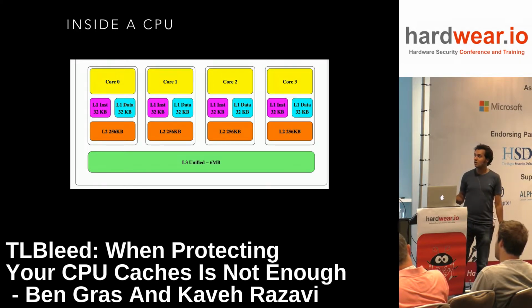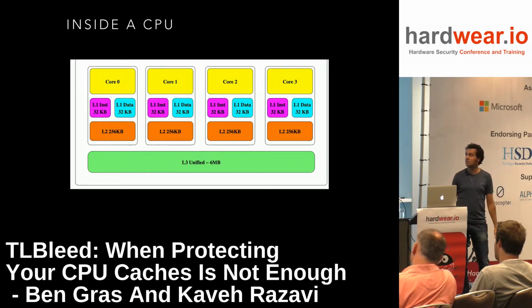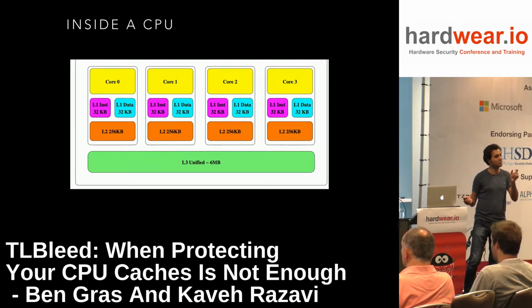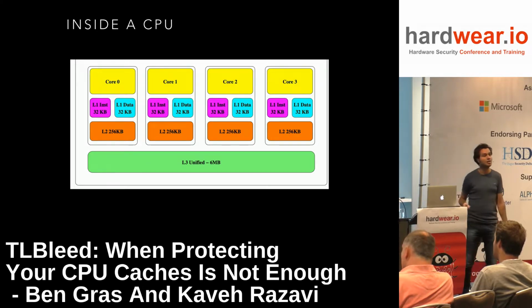But as you go further away from the cores, you start to share more and more. For example, at the last level, you have a cache that is shared between cores. So a core could use some part of the L3 which is also used by another core in the system. So this is being shared between these cores.